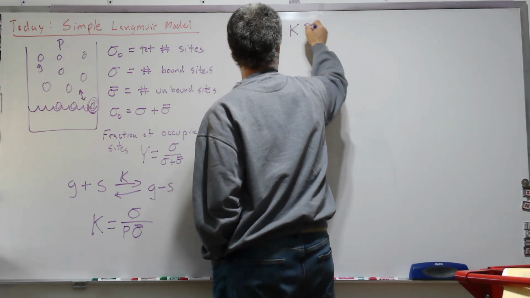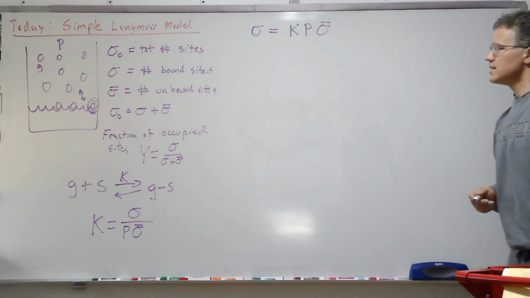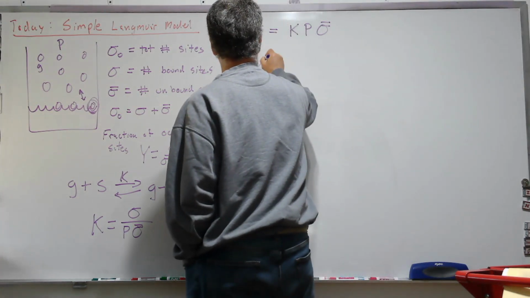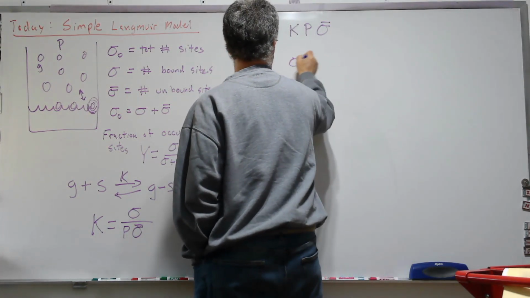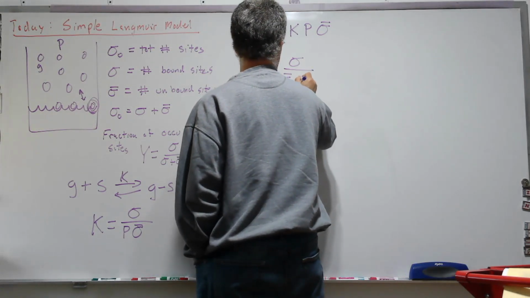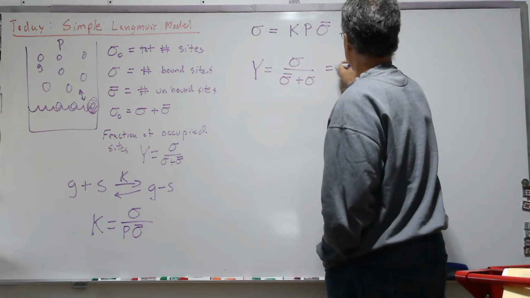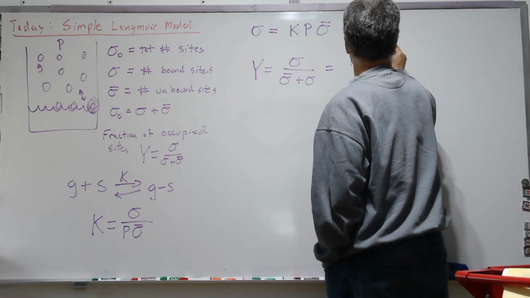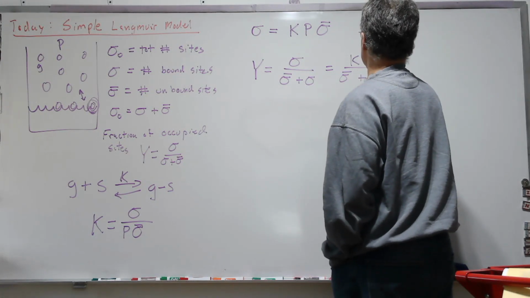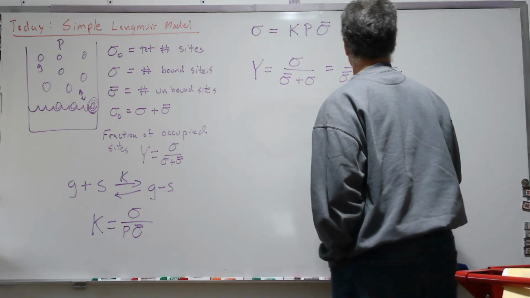So let's re-express our K equation as sigma equals K P sigma bar, and that's just rearranging this equation. And let's write our equation like this. I'm going to just switch the order there. So then I can write Kp sigma bar over sigma bar plus Kp sigma bar.